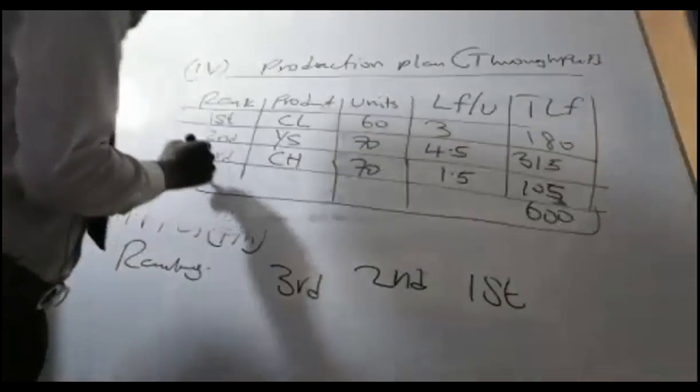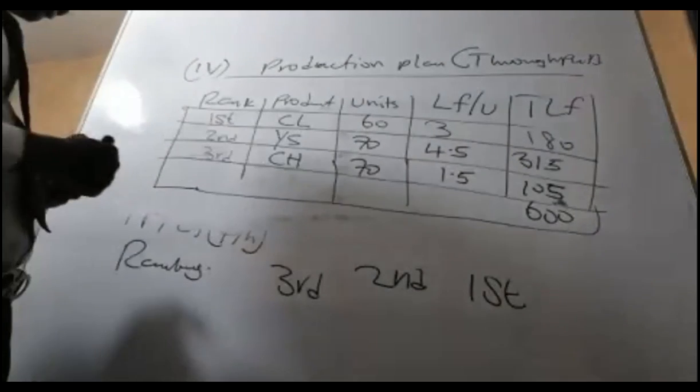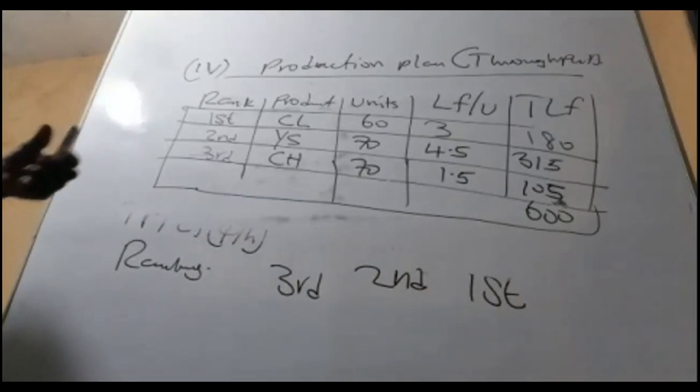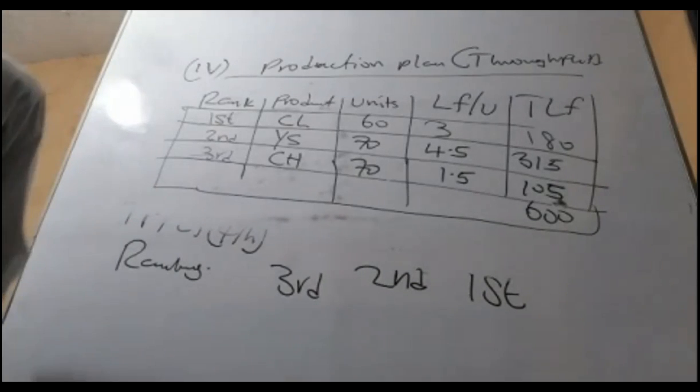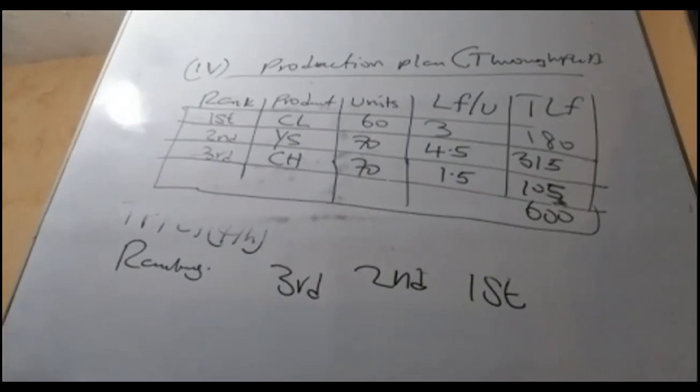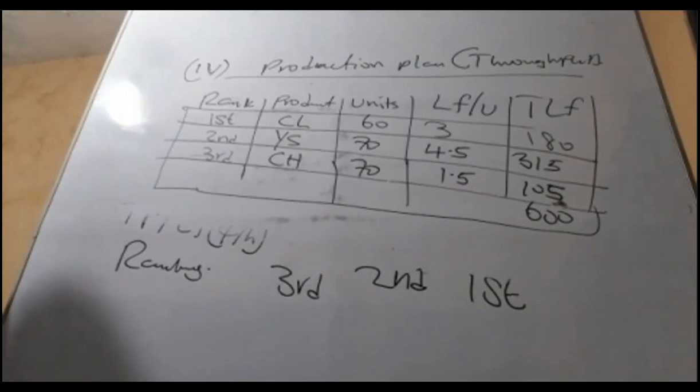So therefore, you bring the demand, then you list them down, then you are done. So according to throughput, they should produce 60, 70, 70.